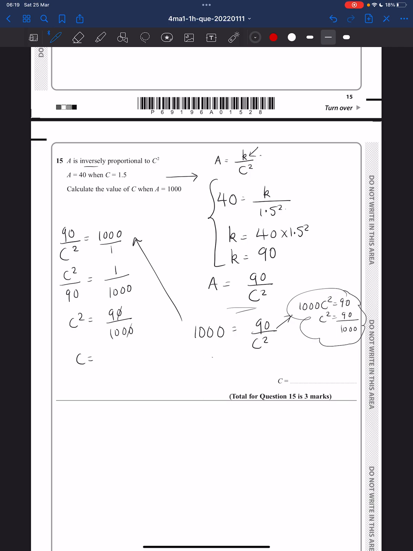Is it more than one? There's a lot of marks here. The reason it's 3 over 10. I'm thinking about minus 3 over 10 as well. Value of A when c is 1,000.